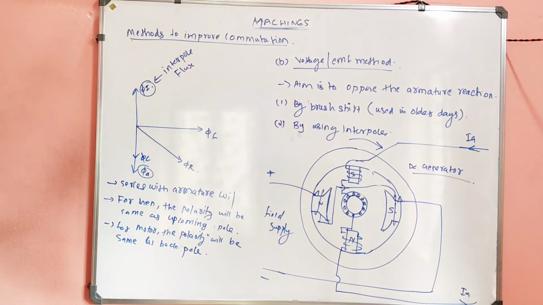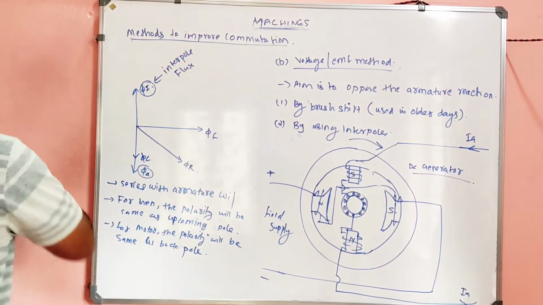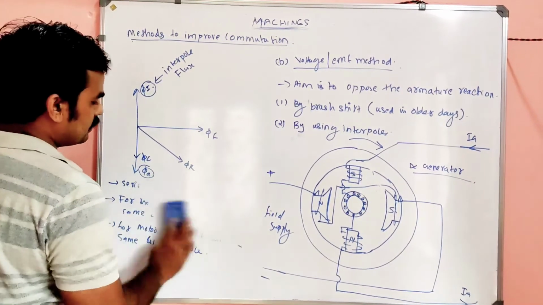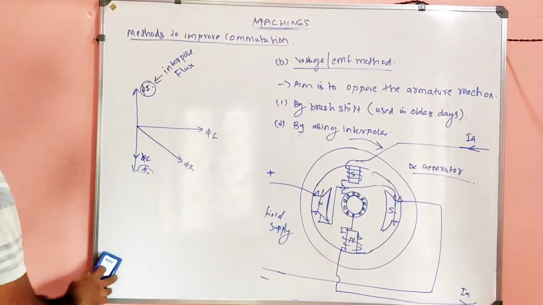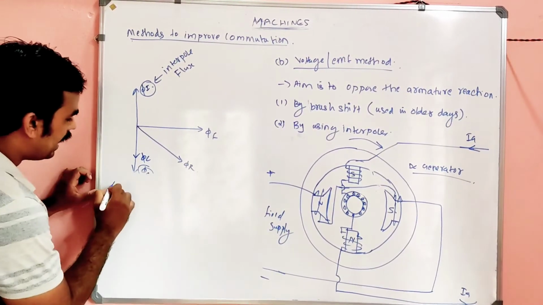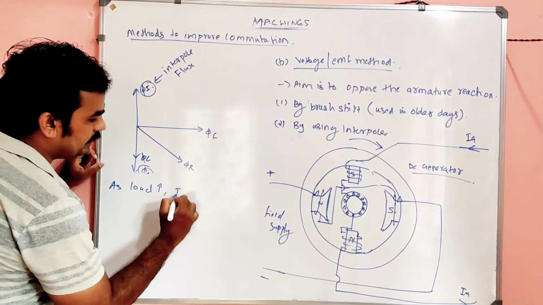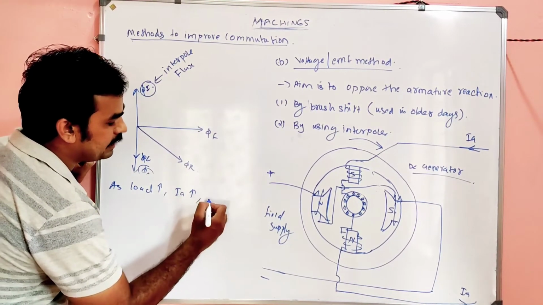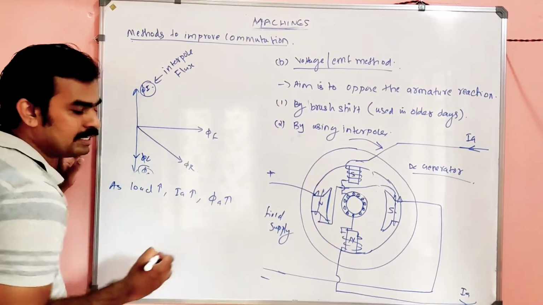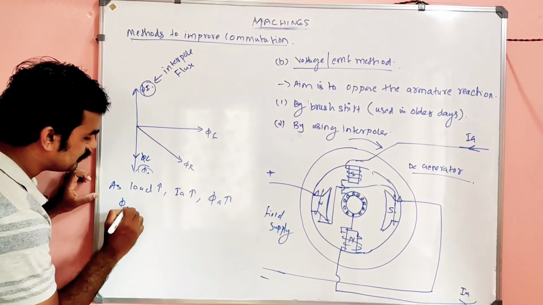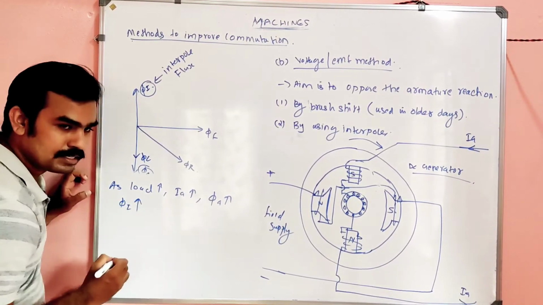Is it clear? Okay. That means I can say like that: as load increases, IA increases. If IA increases, phi A will increase. If phi A increases, phi I also increases.